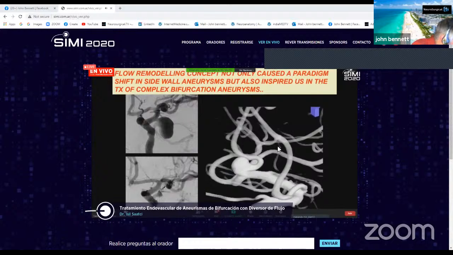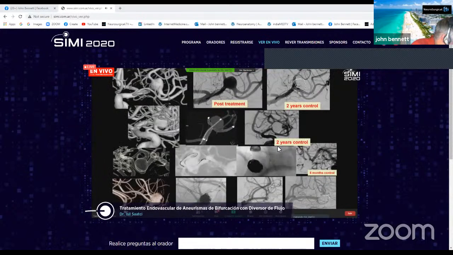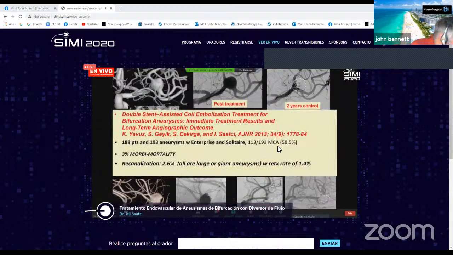We were fans of stent-assisted coiling and treated very complex bifurcation aneurysms with dual stents or single stents, using even large profile stents. Very good results, very low recanalization with dual stent assistance.